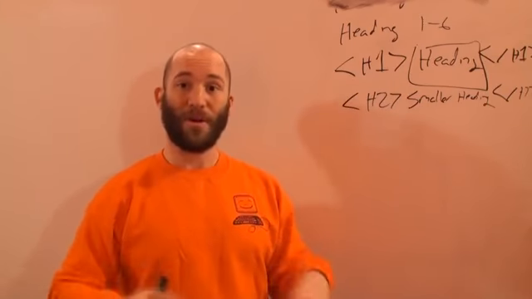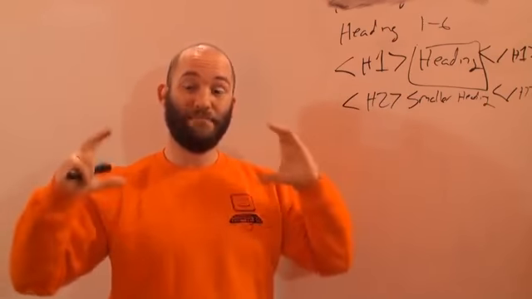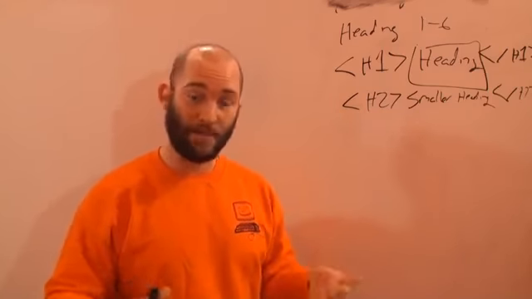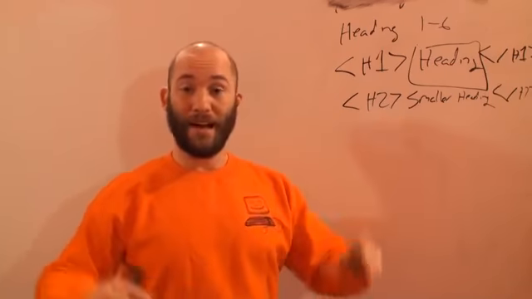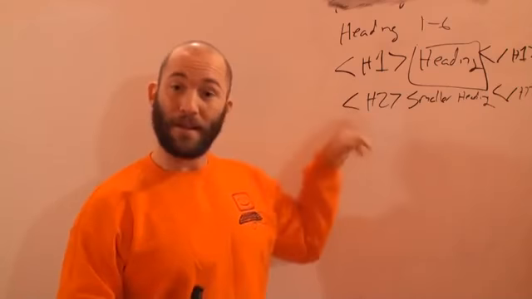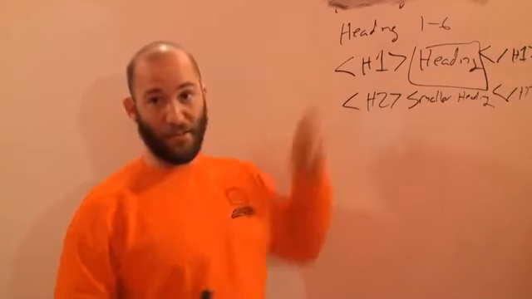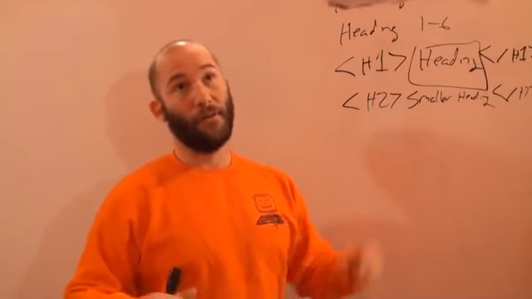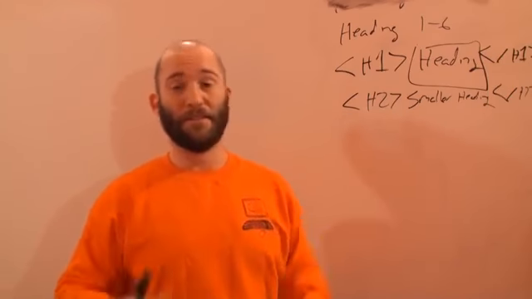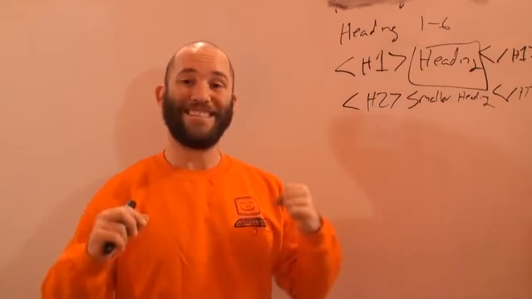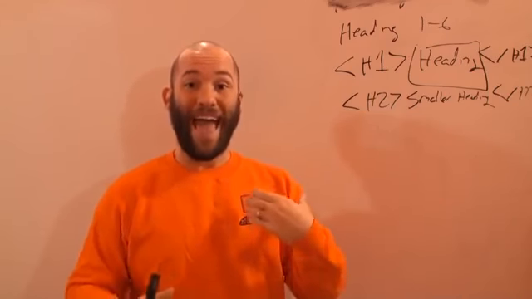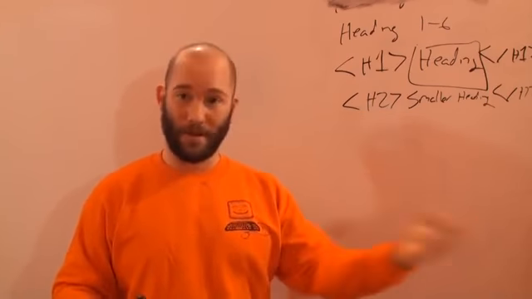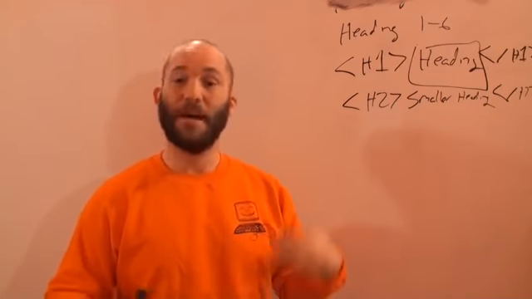H1 is the biggest and boldest text you will see on a page. H2 is smaller than H1, H3 is smaller than H2, H4 is smaller than H3, and it goes all the way down to H6. So you have 6 types of headings. H1 is the highest, H6 is the lowest.